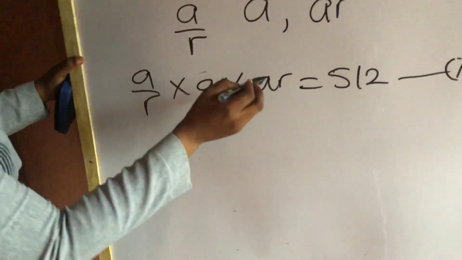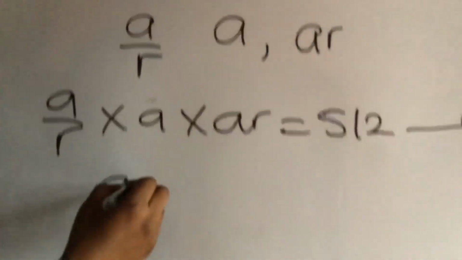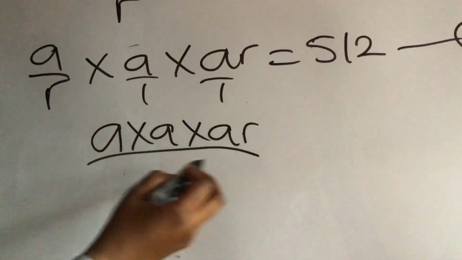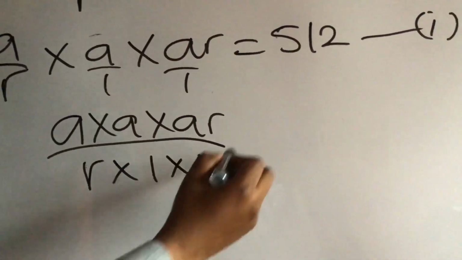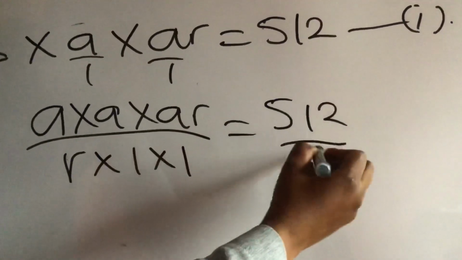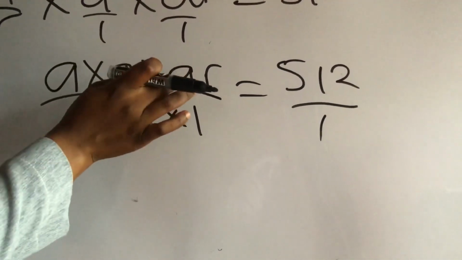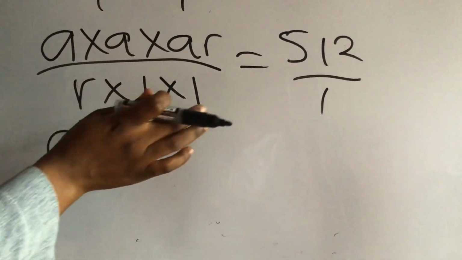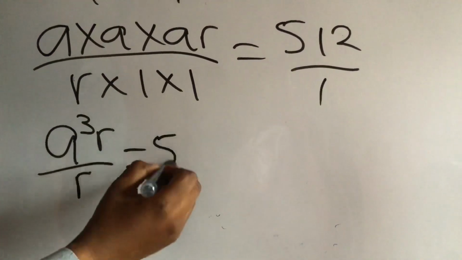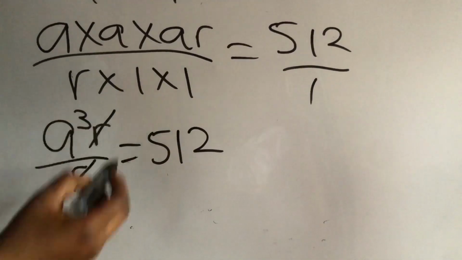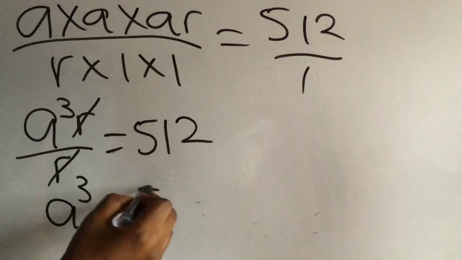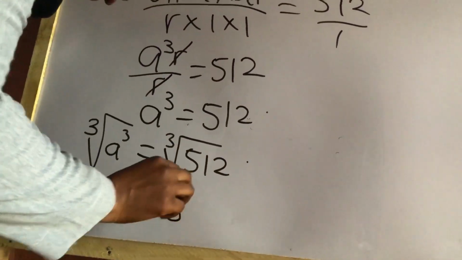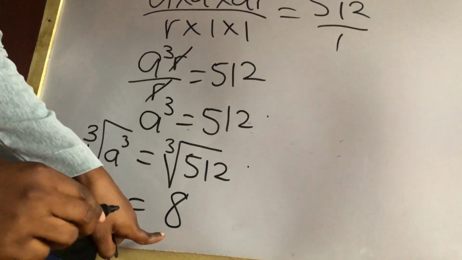So A multiplied by A multiplied by AR, we have A cubed R over R, which is equal to 512. So R cancels R, and we are left with A cubed is equal to 512. The cube root of 512 is equal to 8. So the value of the first term, which is A, is equal to 8.